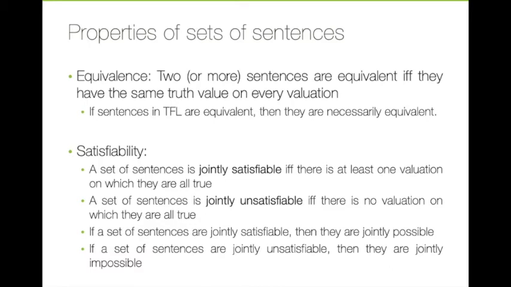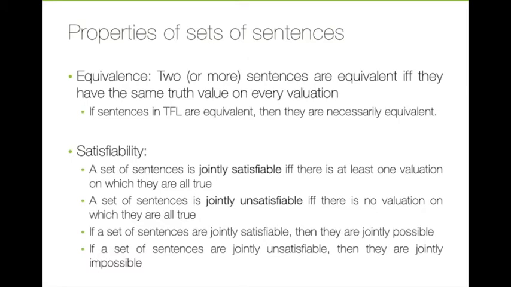Equivalence is a property of usually just two, but it can be more sentences. And they're equivalent if and only if they have the same truth value on every valuation. And if sentences in truth functional logic are equivalent, then we know that they're necessarily equivalent.